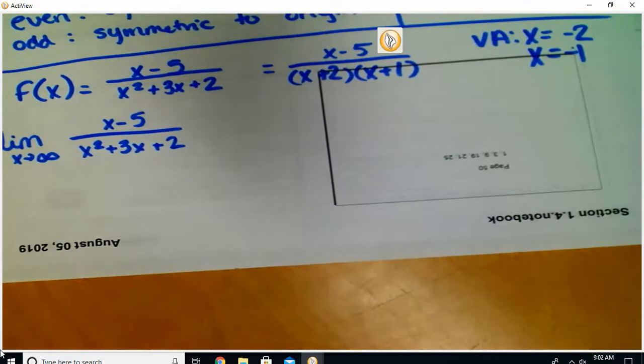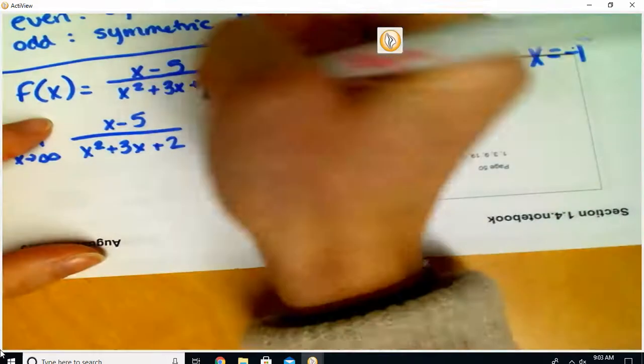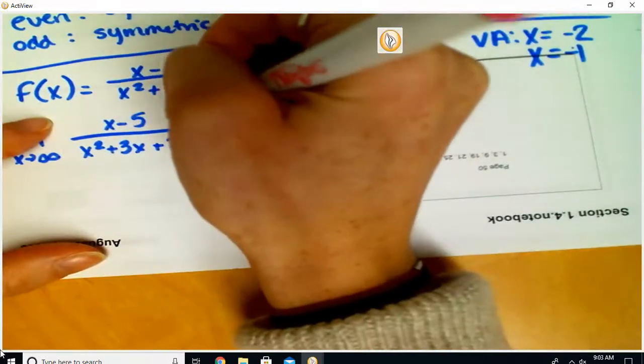What was the trick that we used when we did limits at infinity? Multiply by 1 over the highest power. Yes. What is the highest power of x here? X squared. So I'm going to take top and bottom times 1 over x squared.